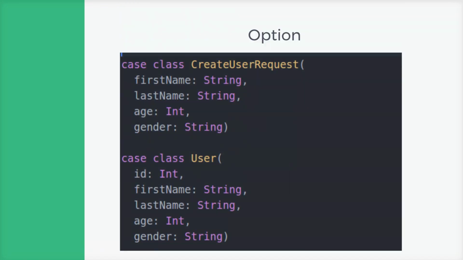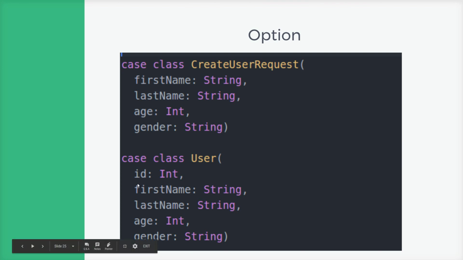Let's look at a more realistic example of using Option to handle errors. Suppose that you are writing a web service that is used for creating some users. You have a request having some arguments, and you also have a model, like the model in the database that is storing the user.